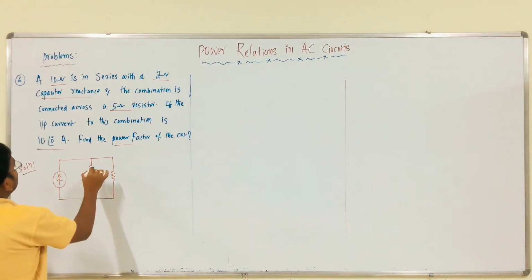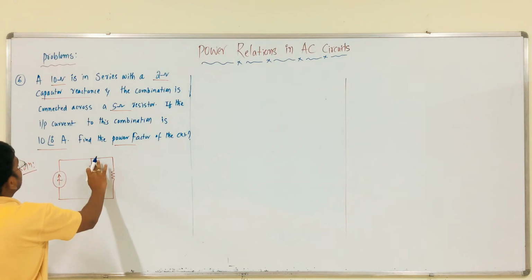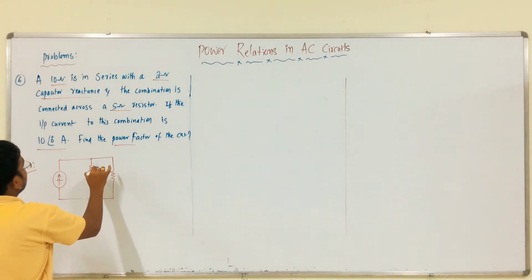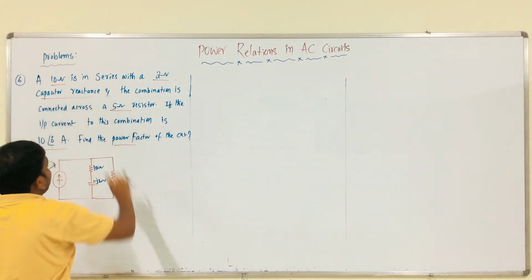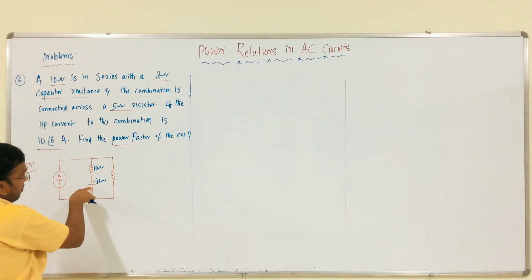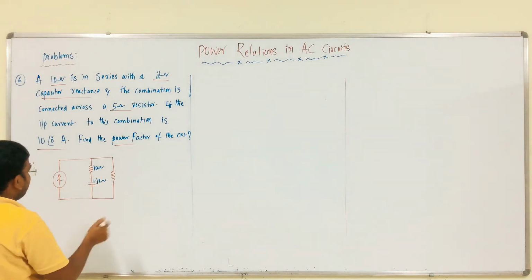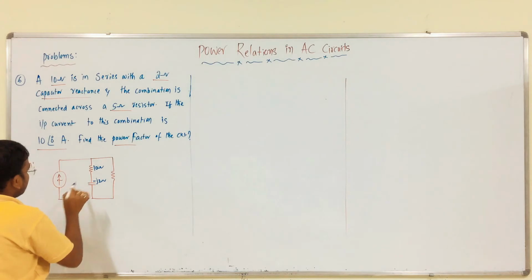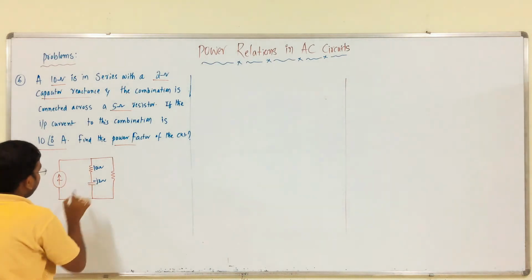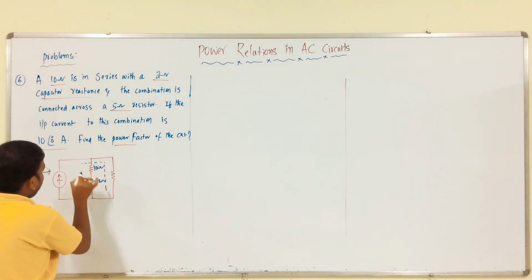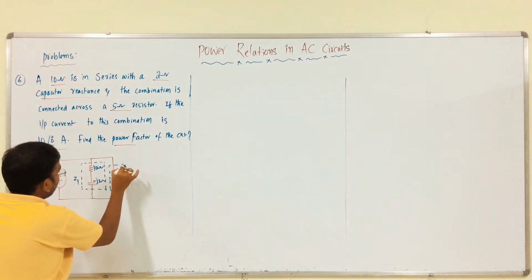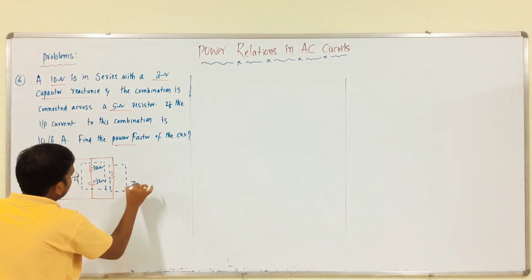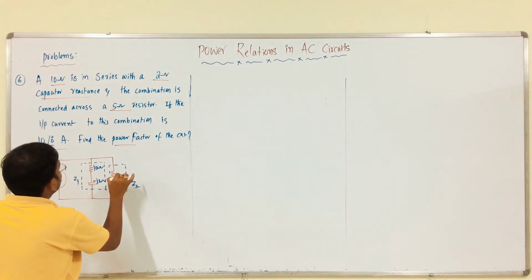So, this is 10, and this is minus j2 ohm. He provided capacitor reactance, so we can write minus jXc. This is Z1, and this is Z2, which is the 5 ohm.